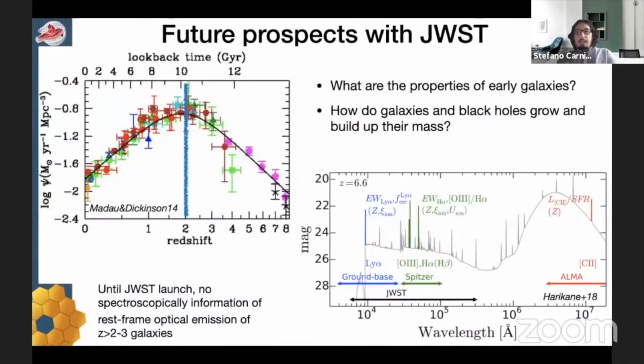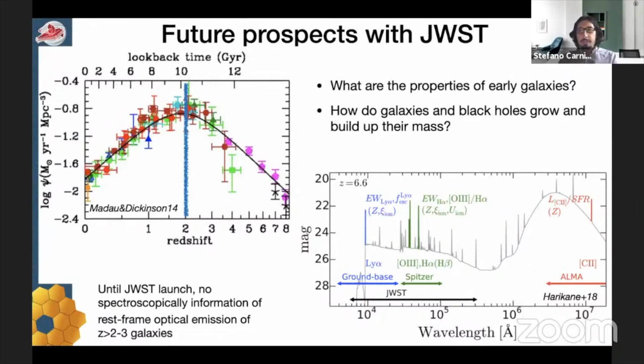But in general, with the GTO program, we are going to study the evolution of galaxies at high redshift, in particular redshift higher than 2, where so far we have only little information from the spectroscopic side. Indeed, most of the observations done so far at high redshift have been done by imaging, and a few targets have been observed with ALMA or by UV emission lines.